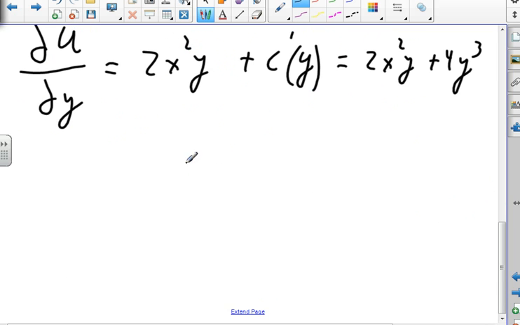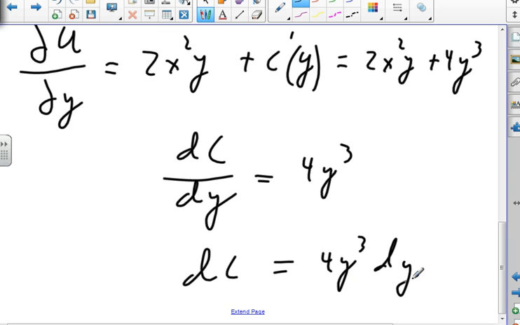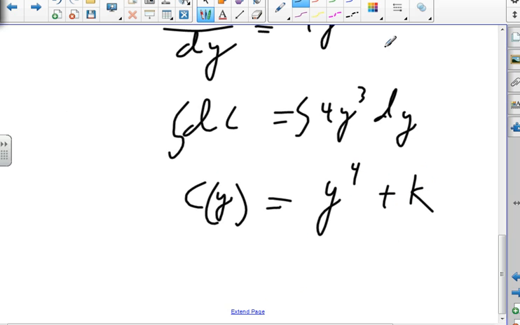That being the case, the derivative of c with respect to y has to equal 4y cubed. The derivative of c, the constant, has to be 4y cubed dy. I integrate both sides. C of y is going to equal y to the 4th plus some constant k.